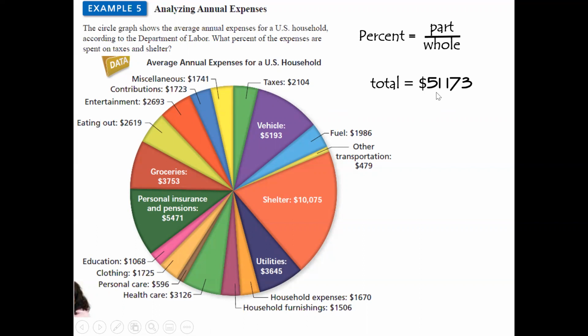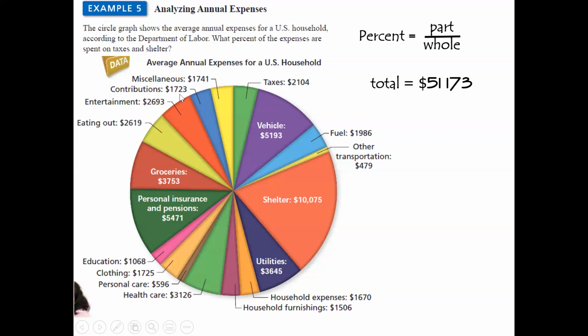Okay. So I'm going to give you a second to go ahead. If you want to add it all up, you should get that number. Okay. So add up everything. And wait, which ones did you add up? Everything. You add up every single thing.